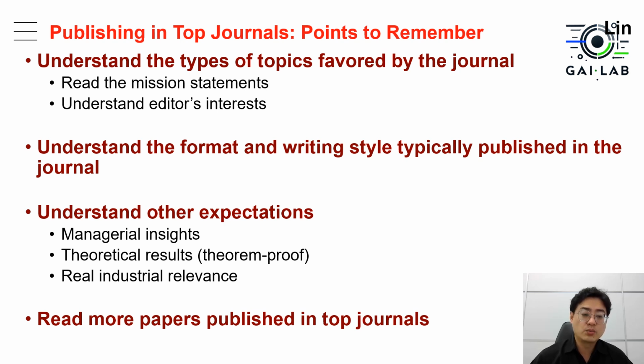That's why we need to read more papers published in the specific journal. If you have a target journal, you need to take a lot of time to read the related papers and also business papers. You need to focus on what kind of part you want to mention.